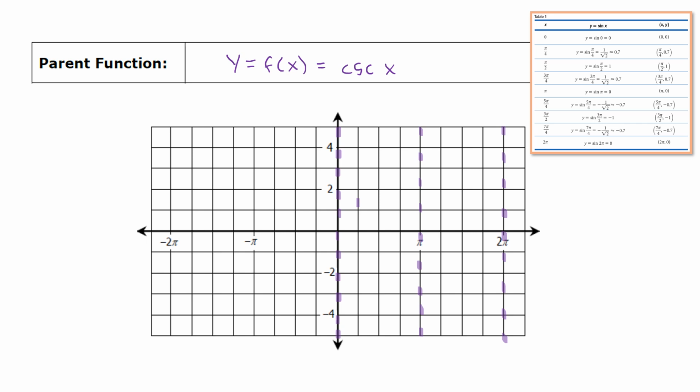And then we have 1, the reciprocal of 1 is 1, and then we'll have the reciprocal of 0.7, again, almost 1.5, and then we have 0. And then we move over to our next one, 5 pi over 4, so that would be negative the reciprocal, which would be here. And then we'd have negative 1, negative 1.4. So let's connect those dots.